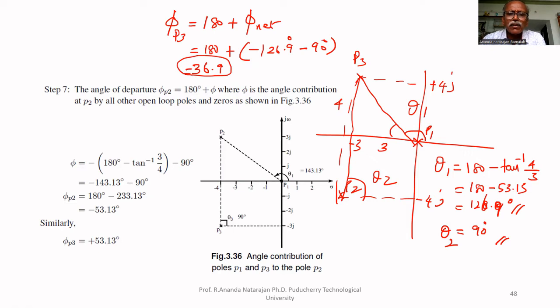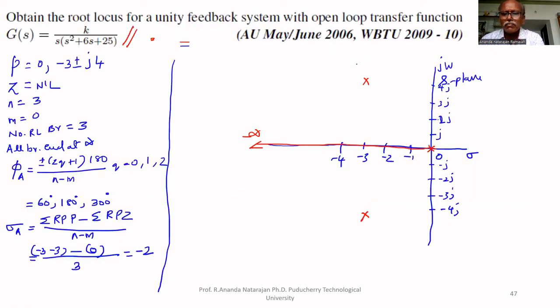Therefore, the angle of departure at P3 equal to minus 36.9. This is P1, this is P2, and this is P3. The angle of departure at P2 equal to plus 36.9. So we got the angle of departure that we have to draw.